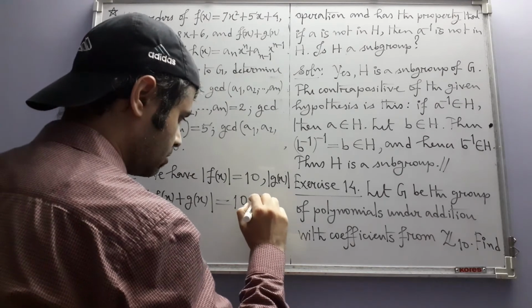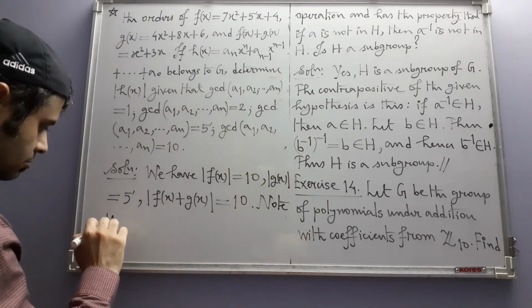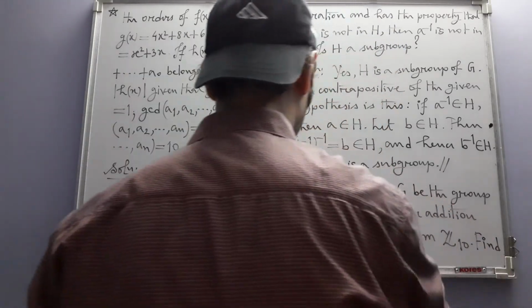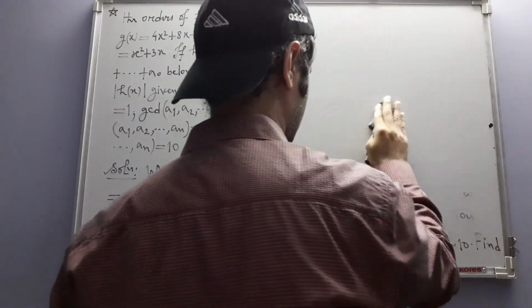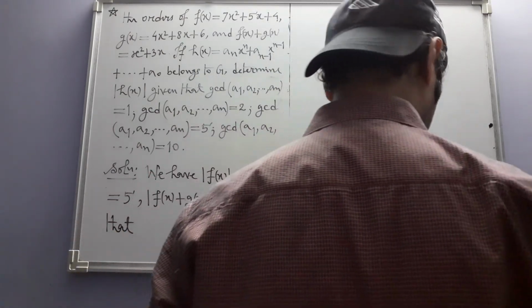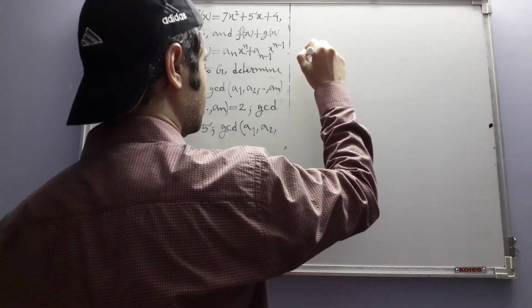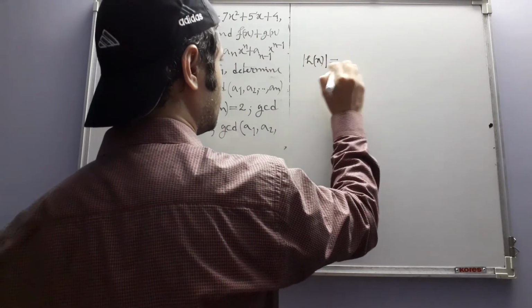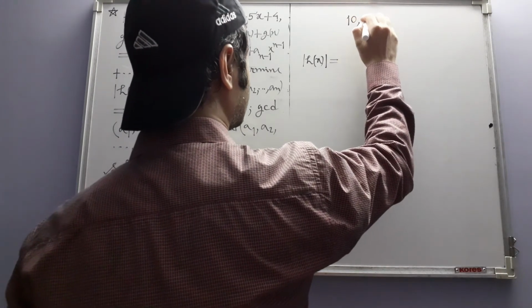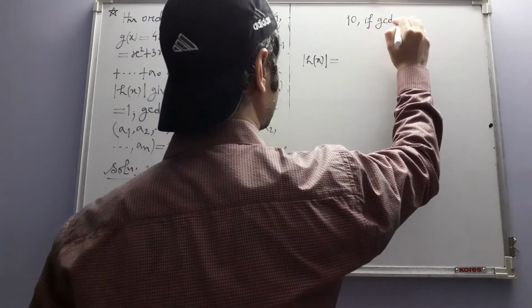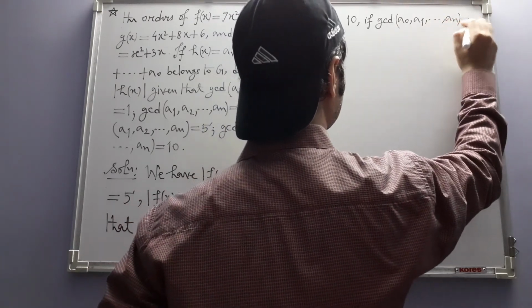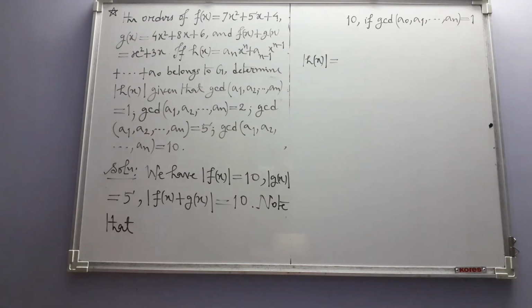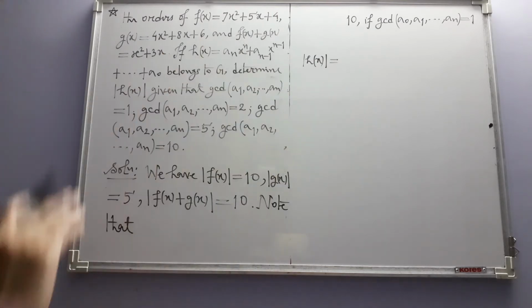Note that order of hx will be equal to 10 if this GCD is equal to 1, because in that case no positive integer other than 1 will divide all the integers.